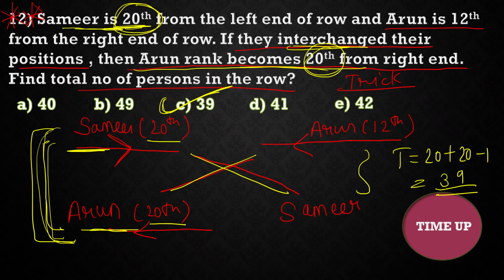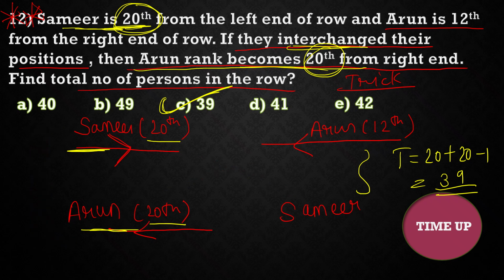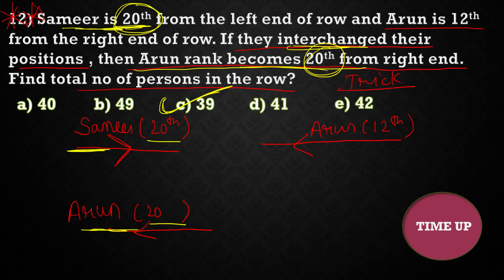Okay. One more thing I want to make clear, suppose here only I'll explain. This is not a part of this question, but I am explaining it to you all. If in this question they say Samir is 20th from the left end, Arun is 12th from the right end of the row.